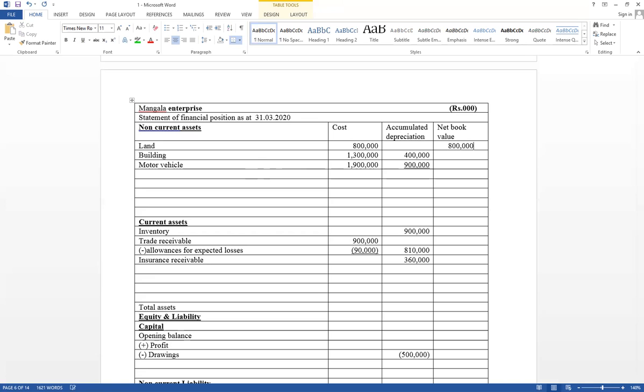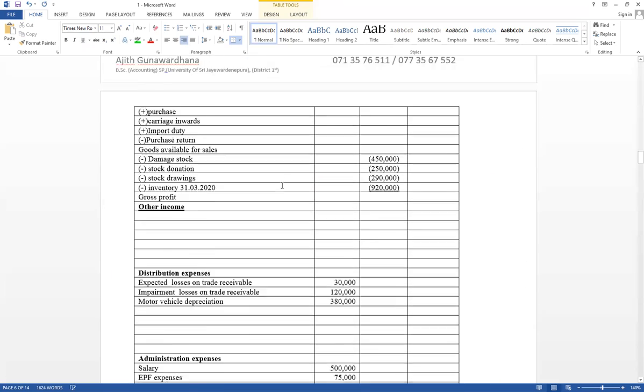Building, land not change. Take the net book value, then take the total amount also. Here the total amount equals 2,700,000. Cost minus accumulated depreciation, as the accumulated depreciation closing balance should be deducted. Annual depreciation should be included under expense.